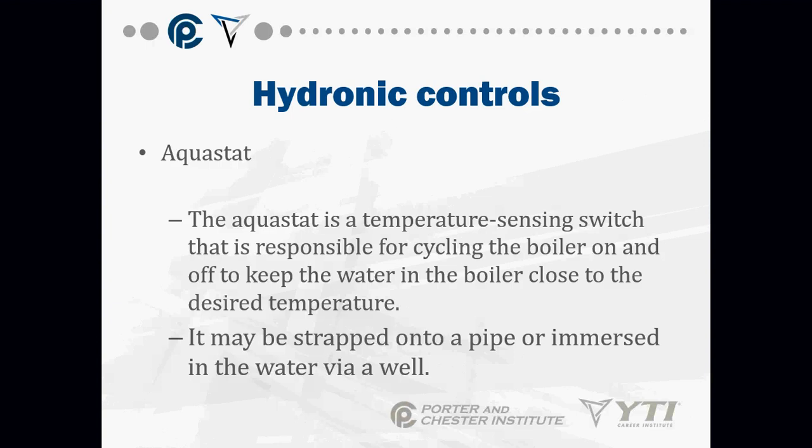It is a temperature sensing switch that is responsible for cycling the boiler on and off to keep the boiler close to your desired temperatures. In some cases, they can be strapped to a pipe on the boiler, or they can be immersed into the actual water using what we call a well.